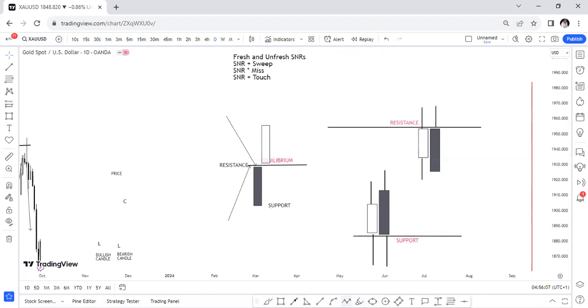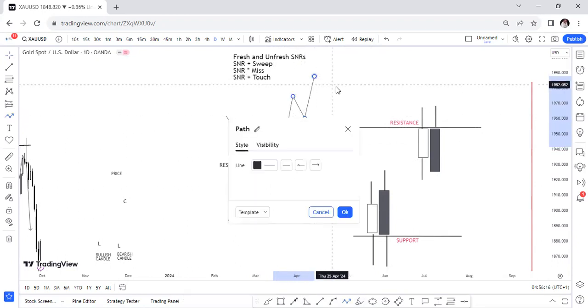It will follow that direction because direction lies in the momentum of the markets, in the angle of momentum.